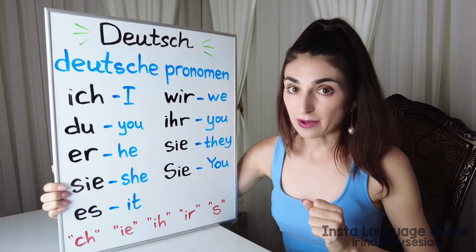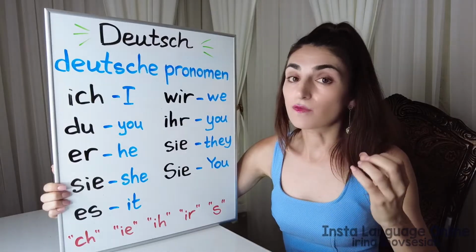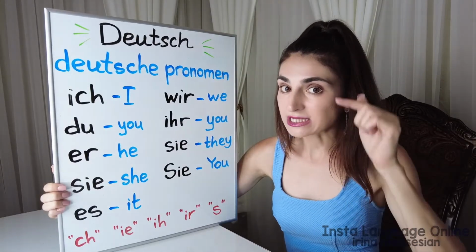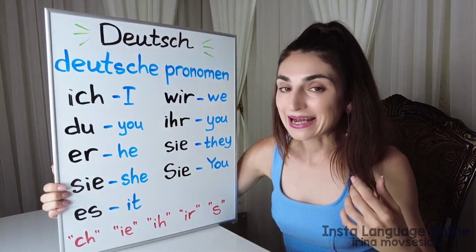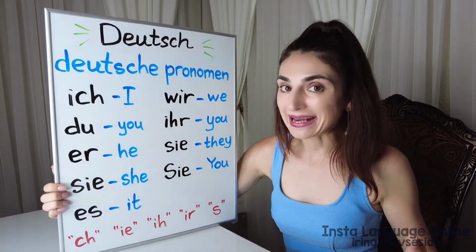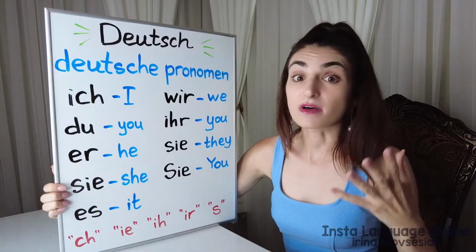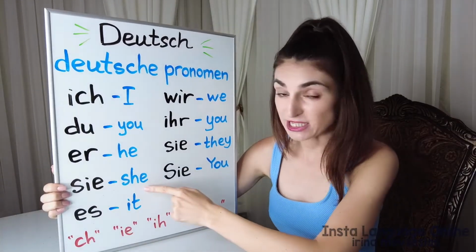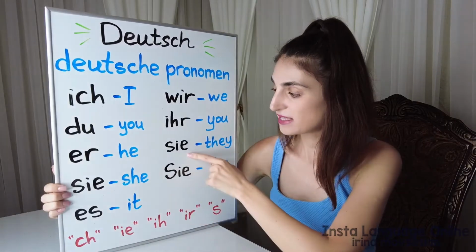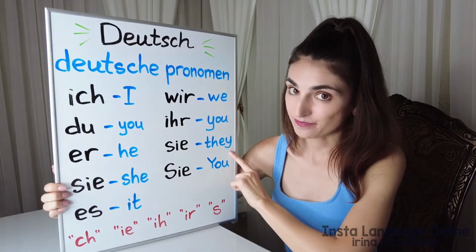I'll give you an example. Sie wohnt, she lives. Sie wohnen, they live. So the verb will show you if it's sie as she or if it's sie as they.